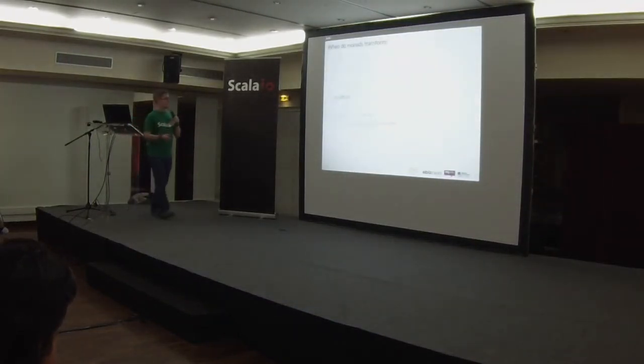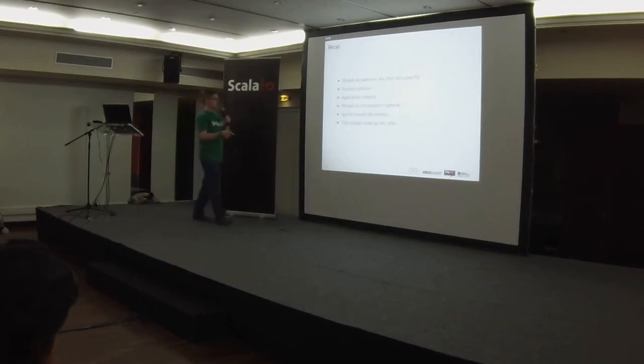Okay, so wrapping up. Here's a recap. Monads are awesome, but often too powerful. As I said, using monads has some limitations. So, for example, you can't do error accumulation for validations, and that's because monads are talking about dependent pieces of data. There's another thing, because most of you know parser combinators. There's also a subset of parser combinators which are called applicative parser combinators, and they are specifically not monadic, and they can do some more things.